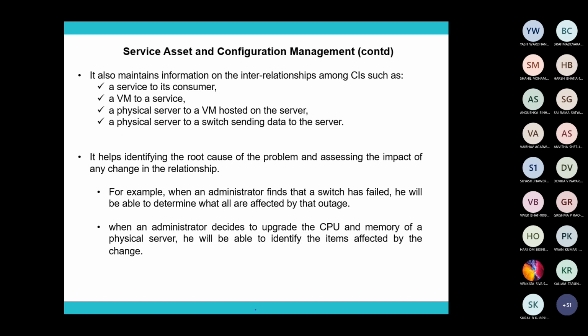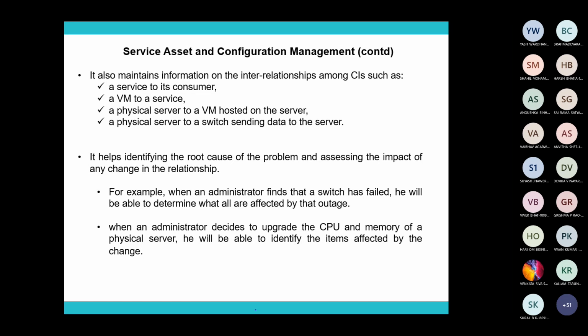Similarly, if a particular physical server is not functioning, or the resources of that physical server are less, we will come to know which virtual machines get affected. The same thing we apply to VM to service: if a VM has a problem, which services get affected. If any component fails, we'll come to know which other components get affected.